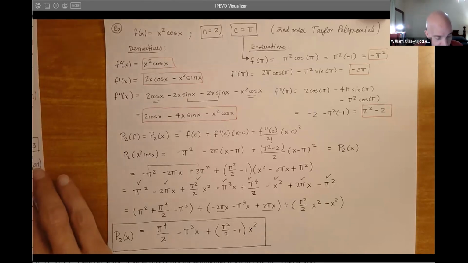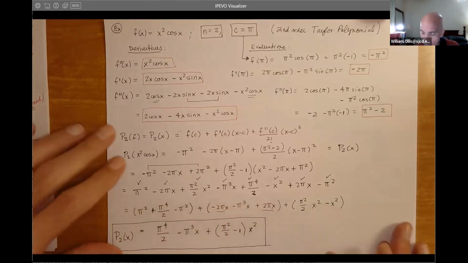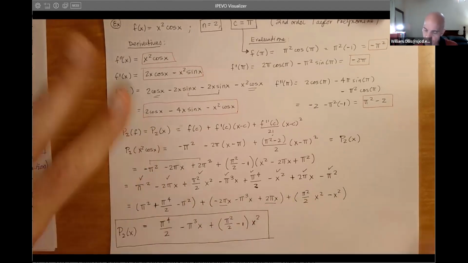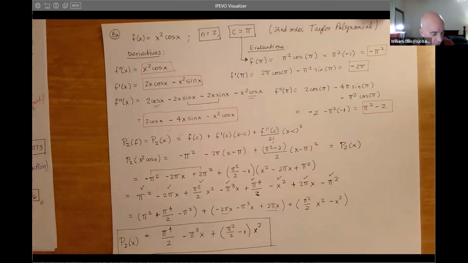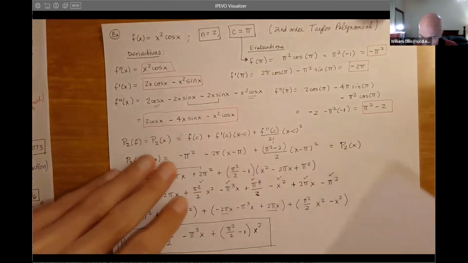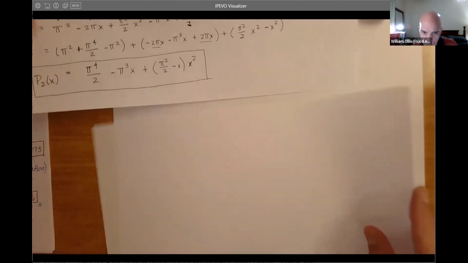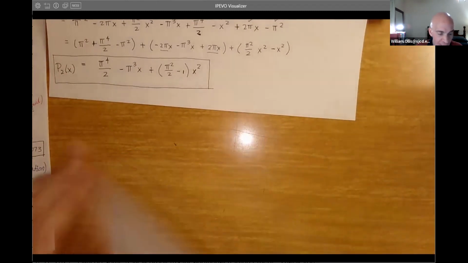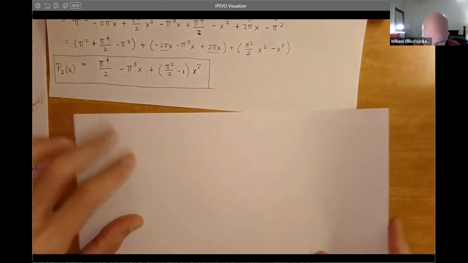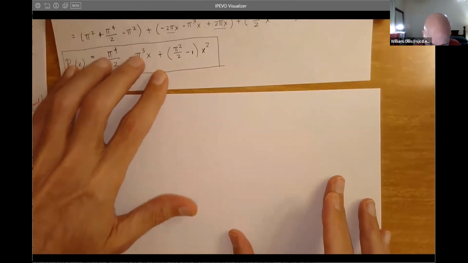So now let's think about error here and just think about how good things are. So here's what I want to do. We want to use this polynomial in an exercise. I'm just going to move this up right here so we can still see it.